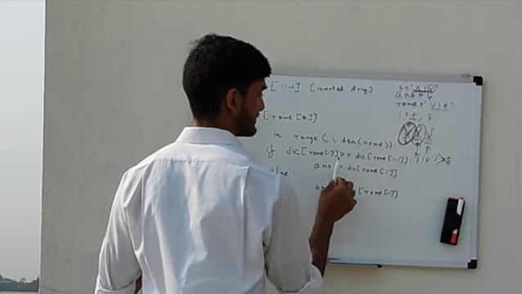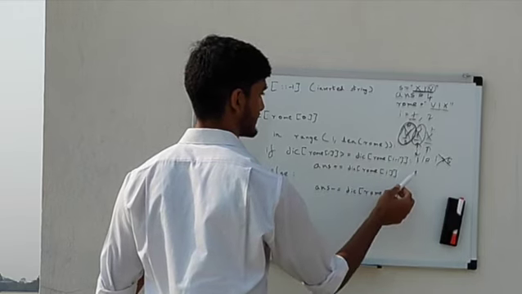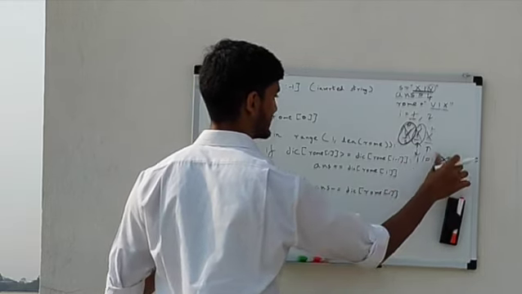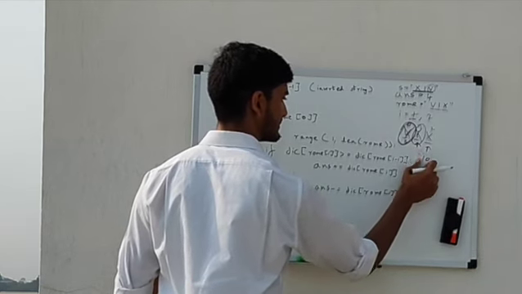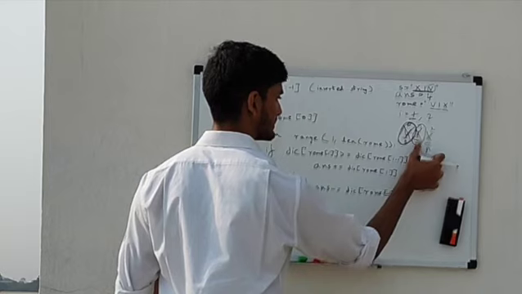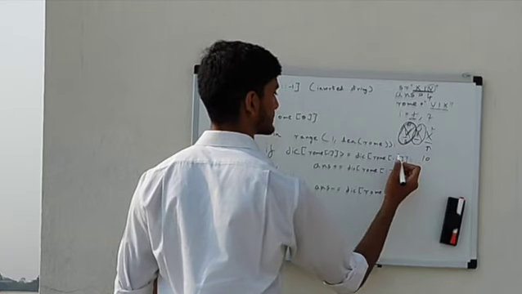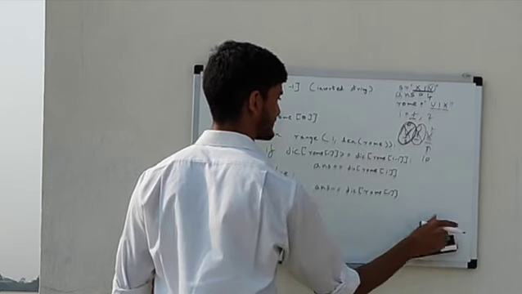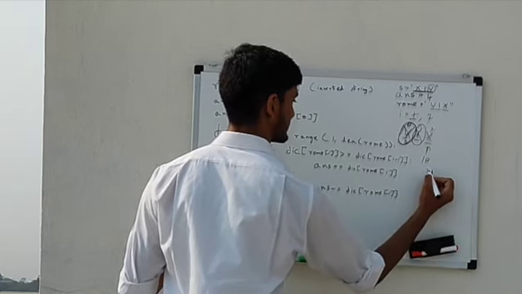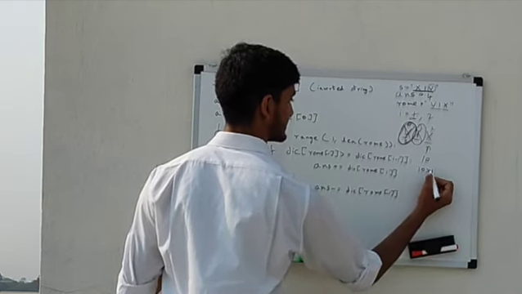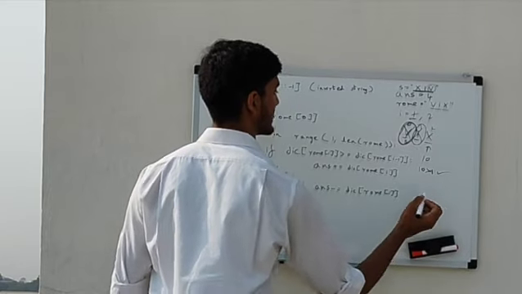Dictionary of Rome of I is greater than or equal to dictionary of Rome of I minus 1. Rome of I minus 1 is 1 and Rome of I is 10. And yes, this condition will be satisfied.